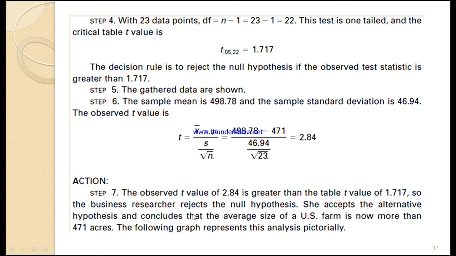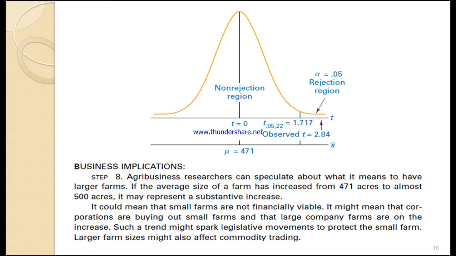Therefore, the business researcher rejects the null hypothesis. Rather, she accepts the alternative hypothesis and concludes that the average size of a USA farm is no more than 471. And we can also show this hypothesis test diagrammatically as follows.